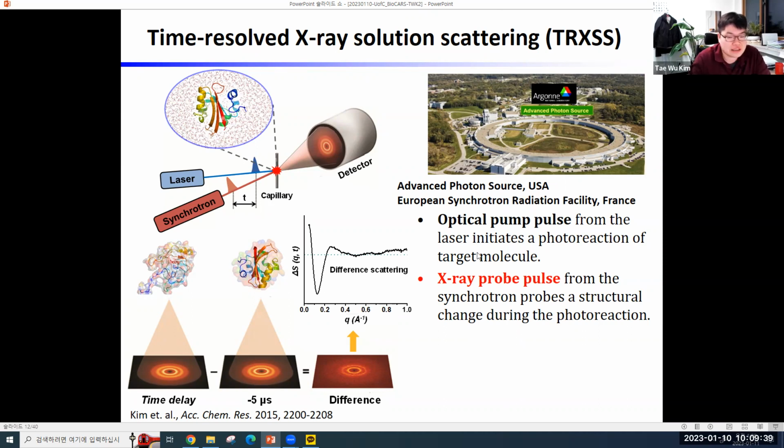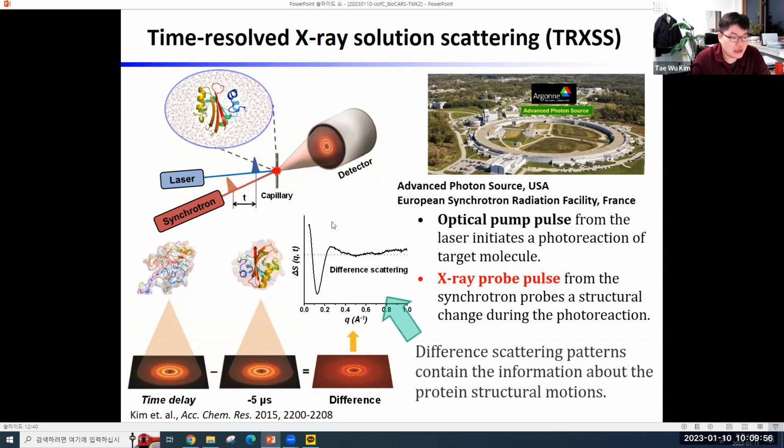Then an X-ray pulse is used to record the scattering pattern as a function of the pump-probe time delay between the pump laser pulse and the probe X-ray pulse. In this way, we can get the time-resolved difference scattering curve like this. If we interpret this difference scattering pattern, we can finally get the information about the protein structure and its motion.